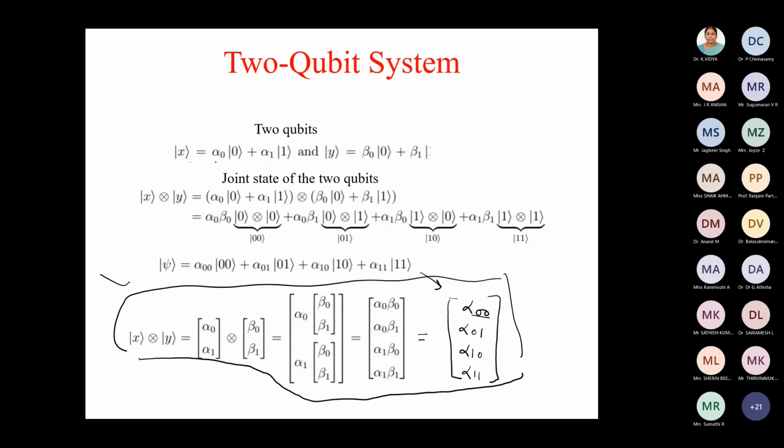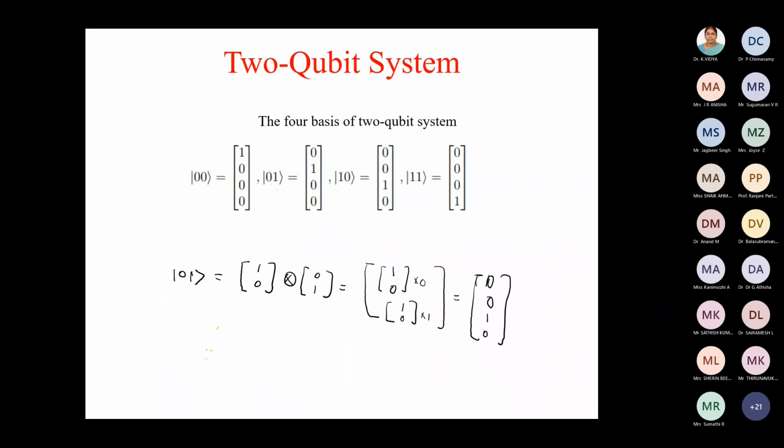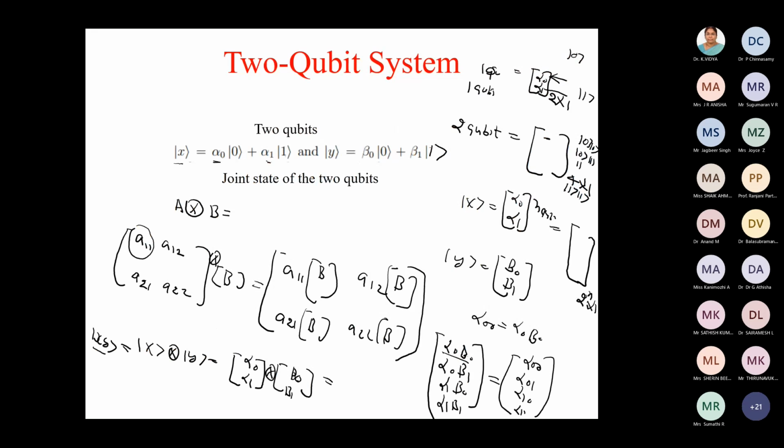So what I did is, instead of writing them as a column matrix, I did it simply here, so that you can also do it. But the thing to understand is that in the case of a 2 qubit system, there will be 4 basis states. What were the basis states in a single qubit system? 2 basis states, namely 0 and 1.